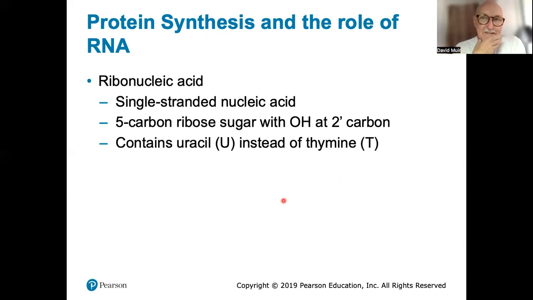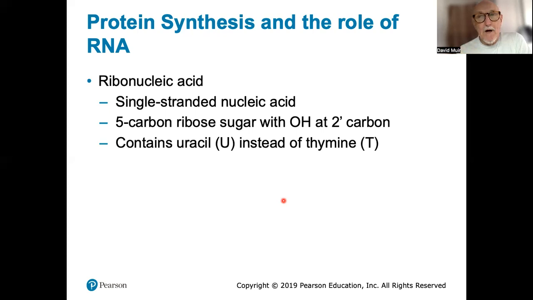The second difference is, although they have four nucleotides, the nucleotides all have basically the same structure as those in DNA, with one important difference, and that is that at the 2' carbon, go back and remind yourselves about how the carbons are numbered on the molecule.